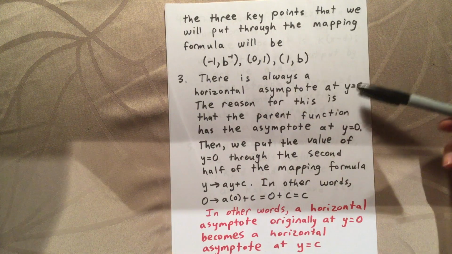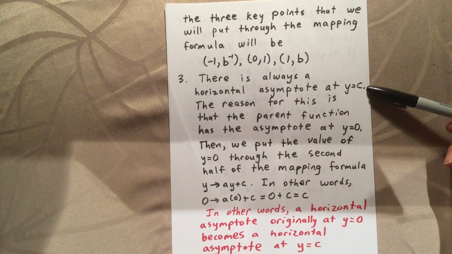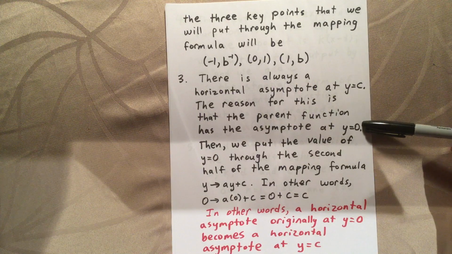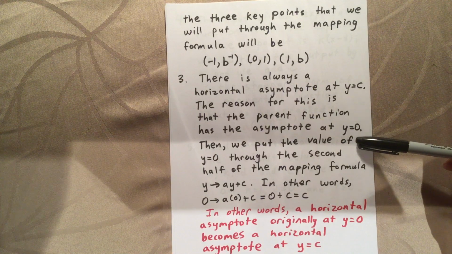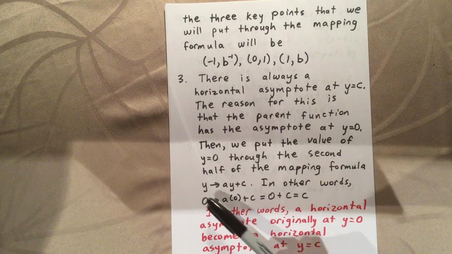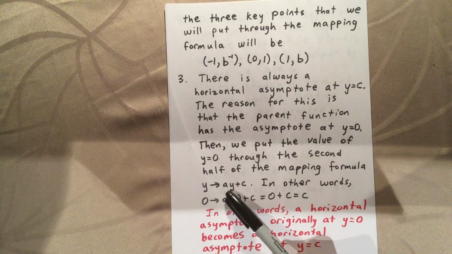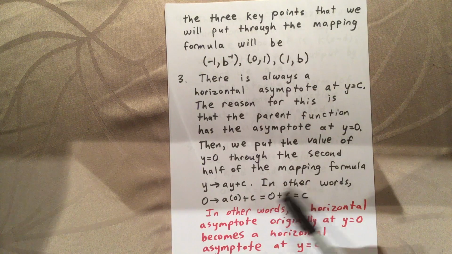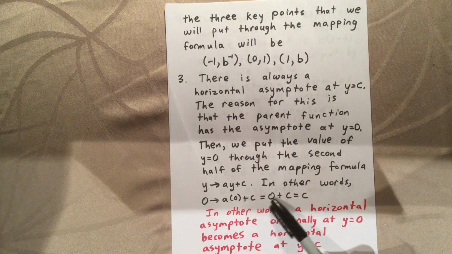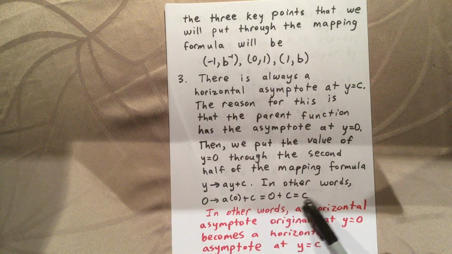Now, it's important to note there's always a horizontal asymptote at y equals c. The reason for this is that the parent function has an asymptote at y equals 0. So when we put the value of y equals 0 through the second half of the mapping formula, y maps onto ay + c, that gives us 0 maps onto a times 0 plus c. a times 0 plus c is 0 plus c, which is c.